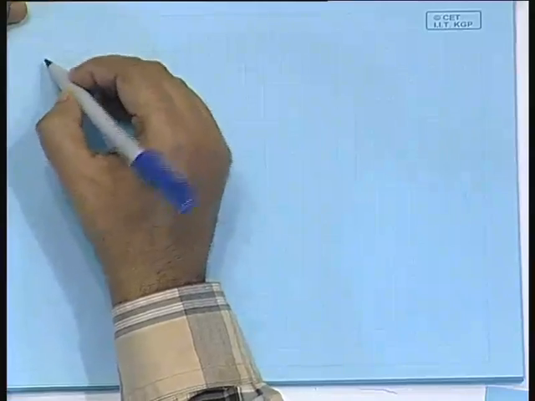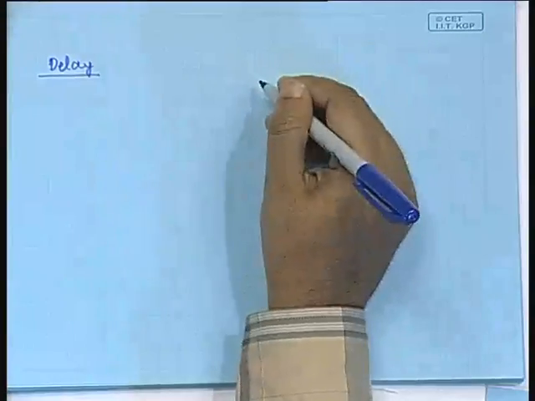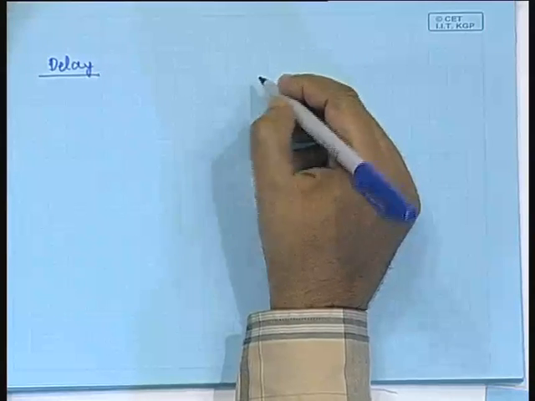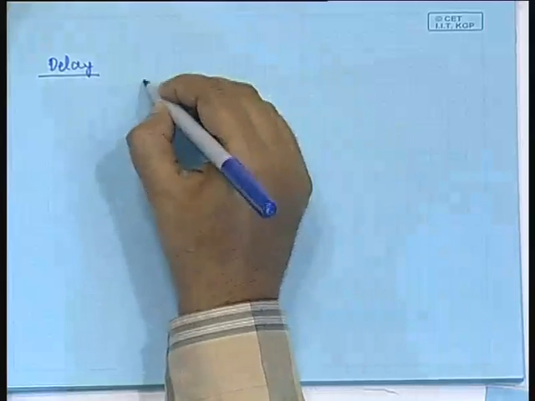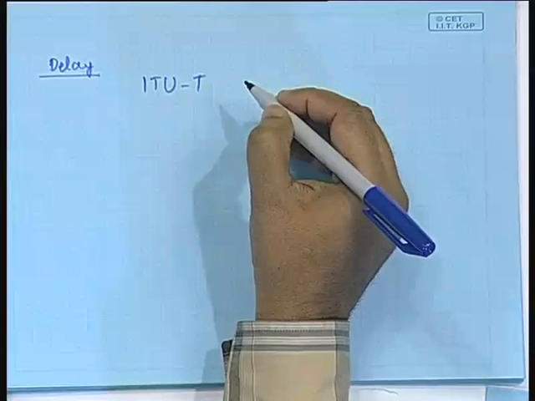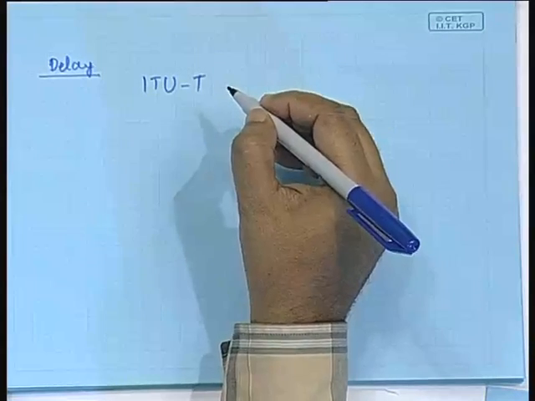There is yet another factor that is really important for voice over IP communication, and that is the delay. We are mostly bothered about the end to end delay, and the ITU-T, the International Telecommunication Union which we mentioned some time back, has proposed all the standards pertaining to this.